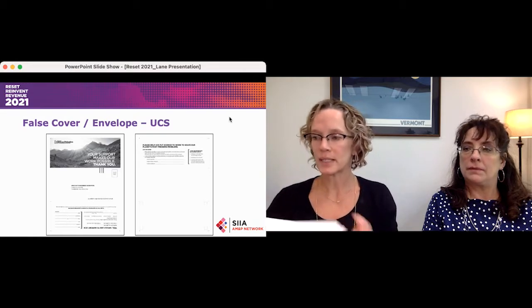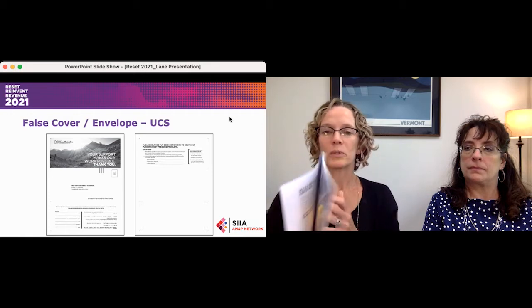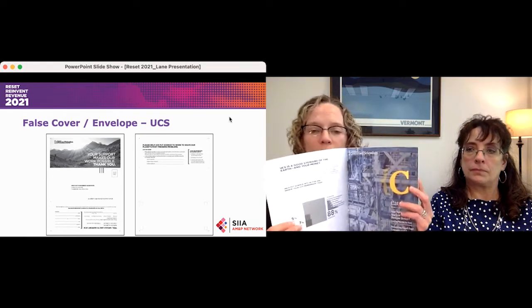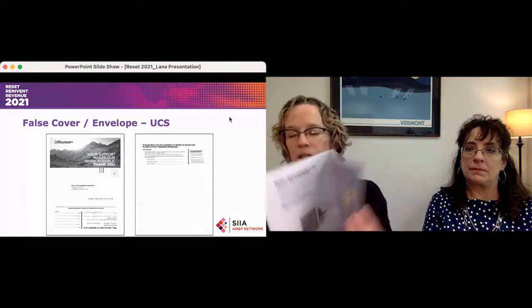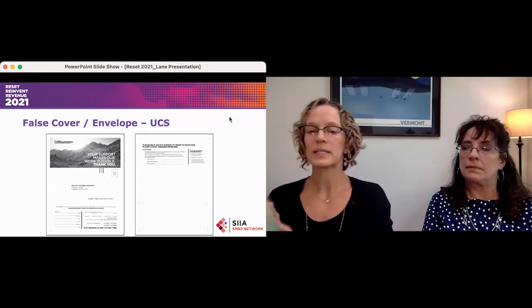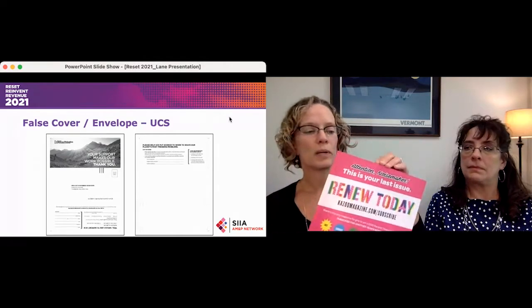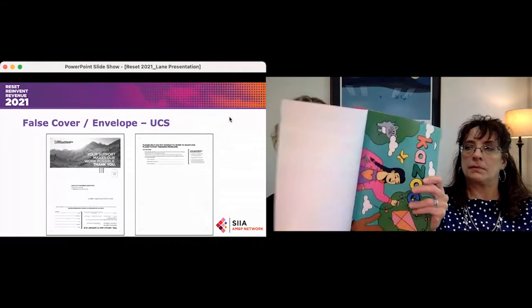What I wanted to say earlier is that you could do a 4-page false cover on a saddle stitch book, which this is, and then on a perfect bound book, you might instead do a 2-page, which is basically a piece of paper attached to the front of your magazine.